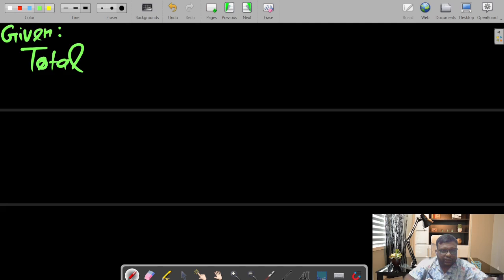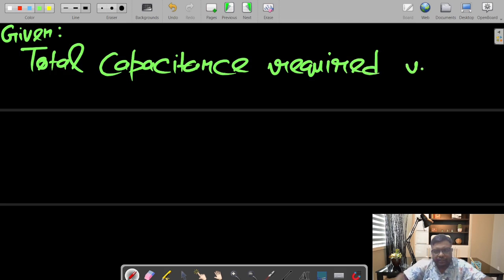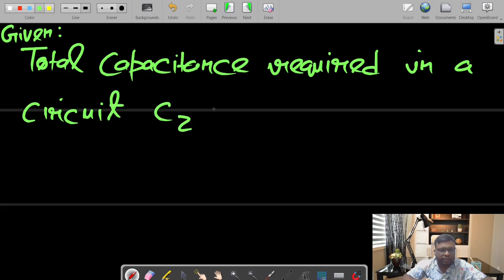What given data do we have? Total capacitance required in a circuit, and I am representing it by C2.